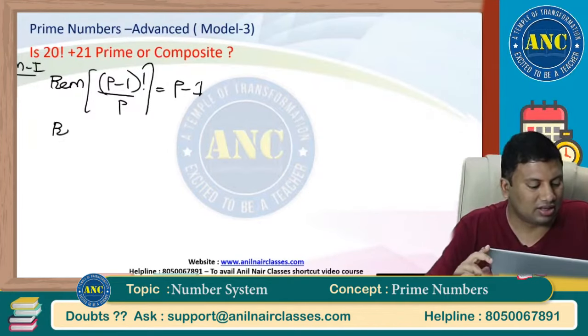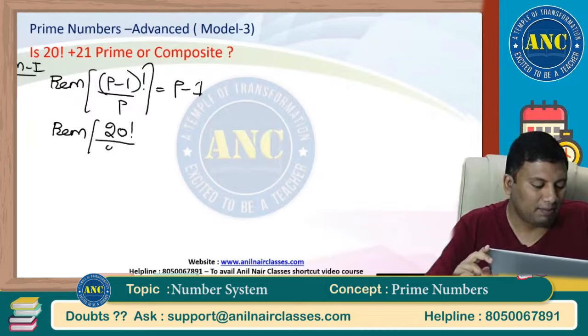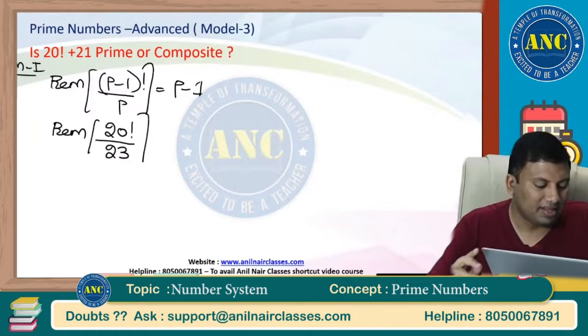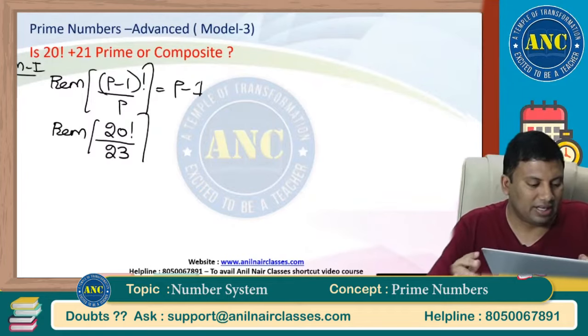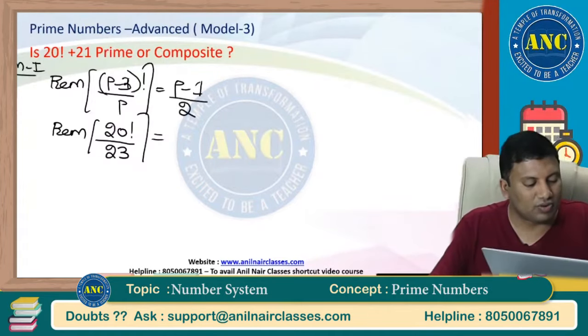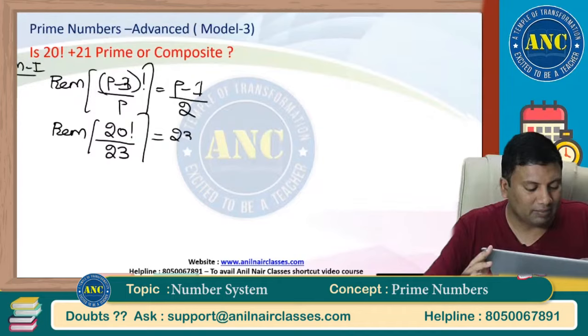So this is nothing but 20 factorial by 23, which is (p minus 3) factorial. So it is (p minus 1) by 2: 23 minus 1 is 22, 22 by 2, which is 11.